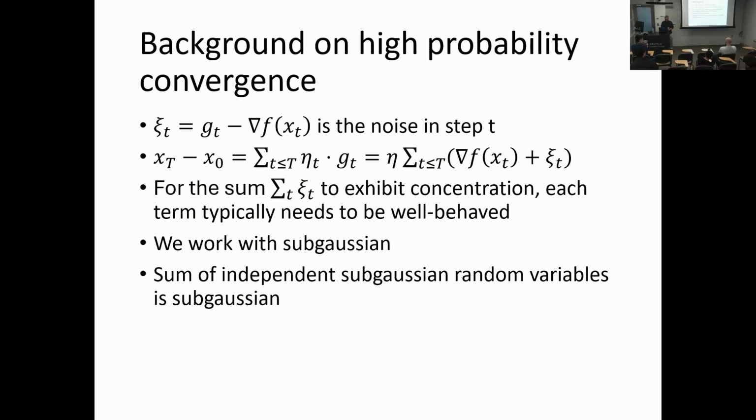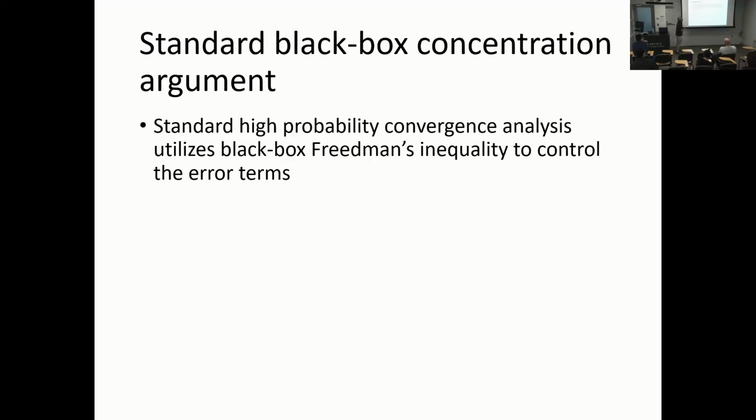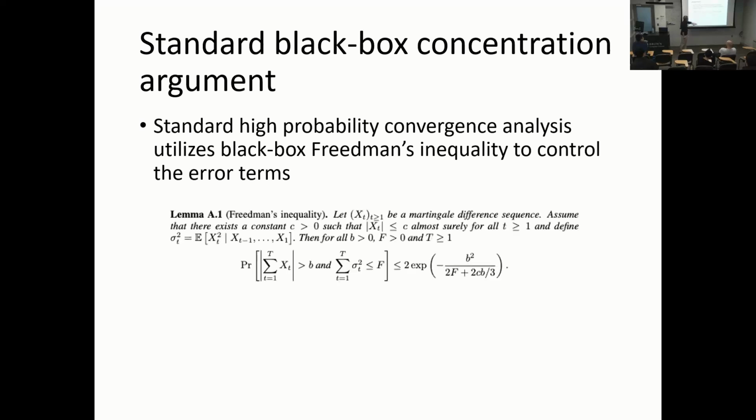And now we can try to do the proof. Now the previous work generally goes through some kind of black box application of Freedman's inequality. So here is Freedman's inequality. Intuitively, what it means is that our sequence of random variables are not independent, but we assume that they have some kind of martingale-like structure.